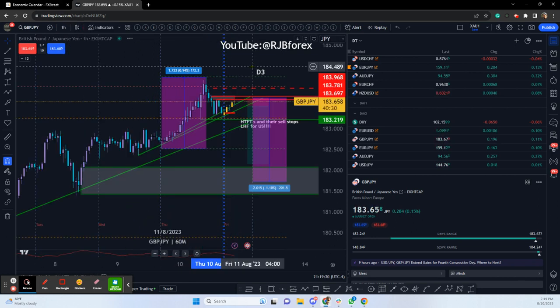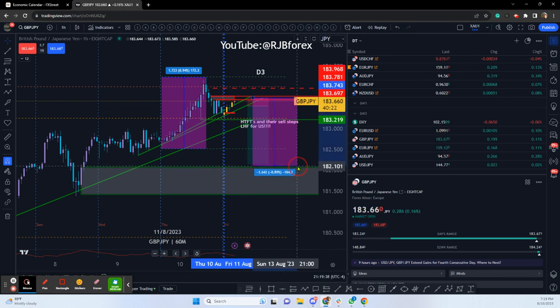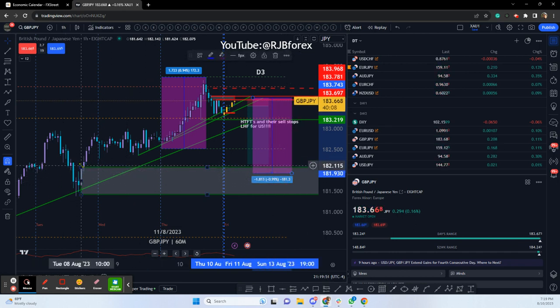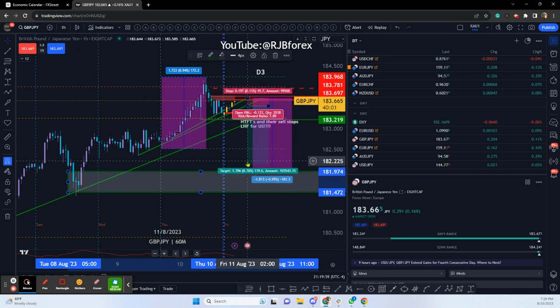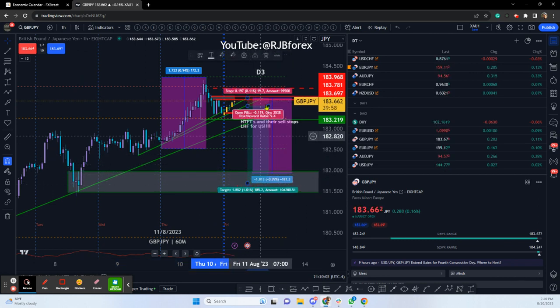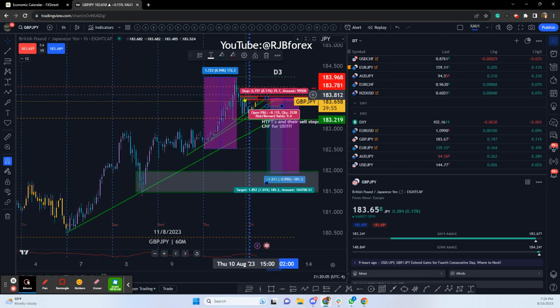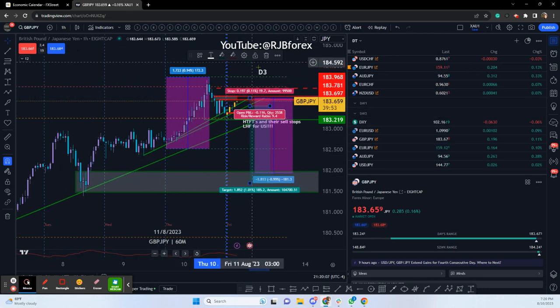So 160 pips would bring us down to around about here, 182.15. But while we're below here, I'm figuring we may as well target into this order block to the downside. So potentially see a complete machine gun fire to the downside.